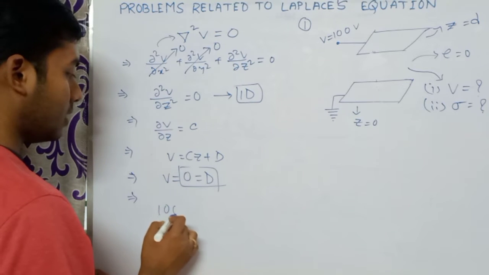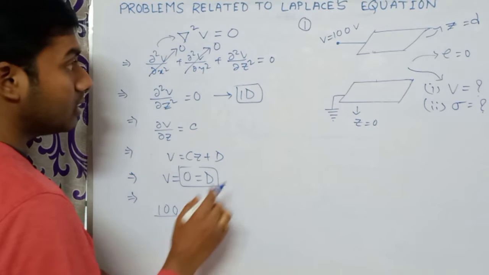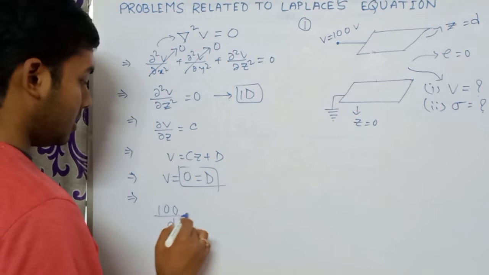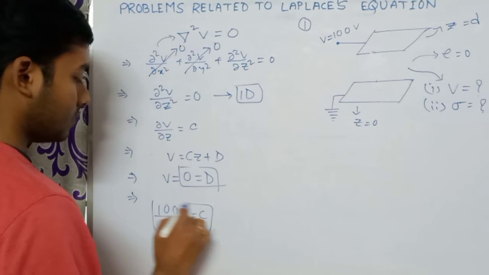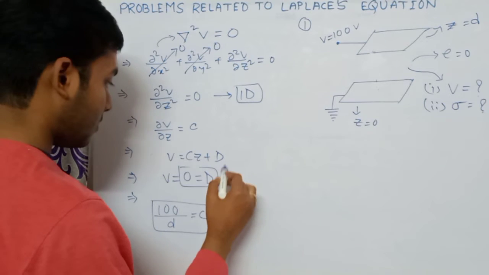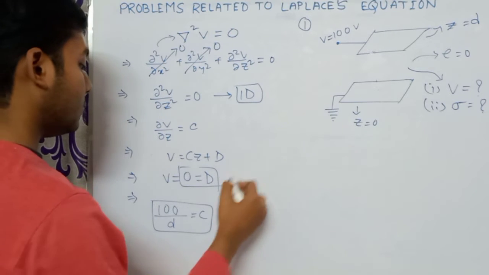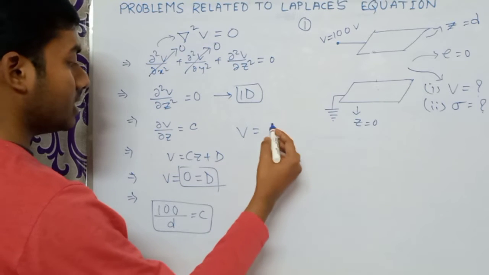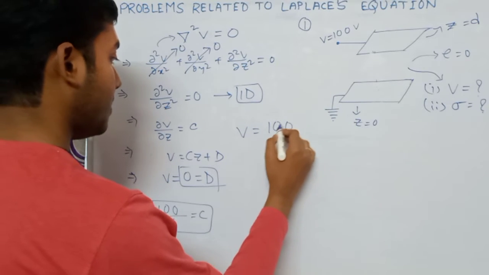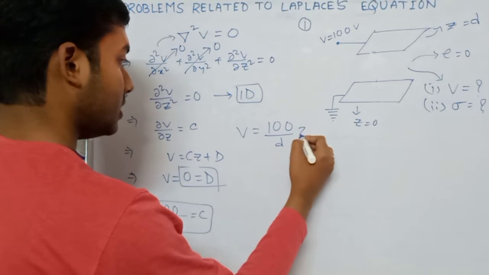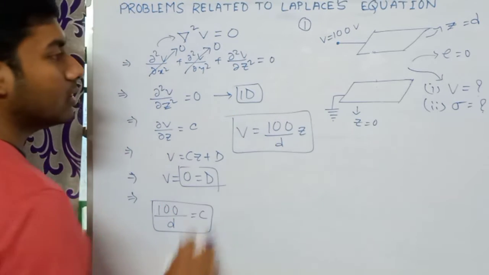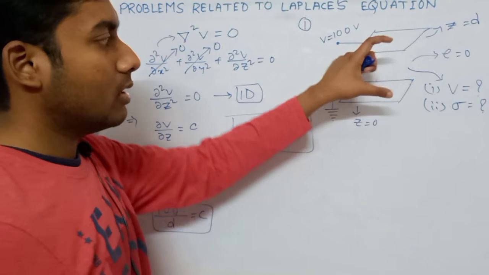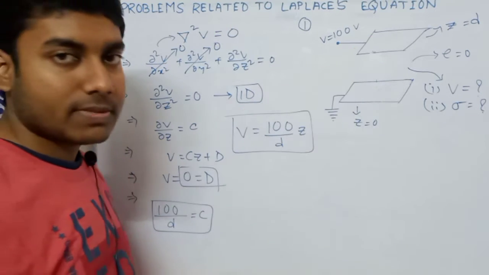That means 100 divided by d is equal to c. So from putting these two conditions, you can easily find that v is equal to 100 over d times z. This is the expression of the potential in the region between these two plates.